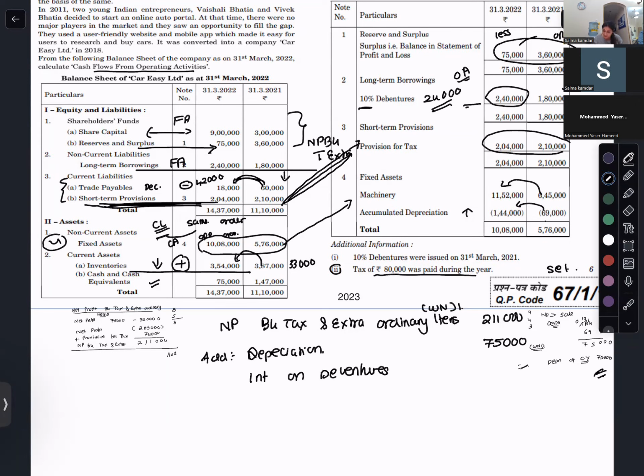How much is your interest on debentures? 24,000. Add. So this becomes 310,000.